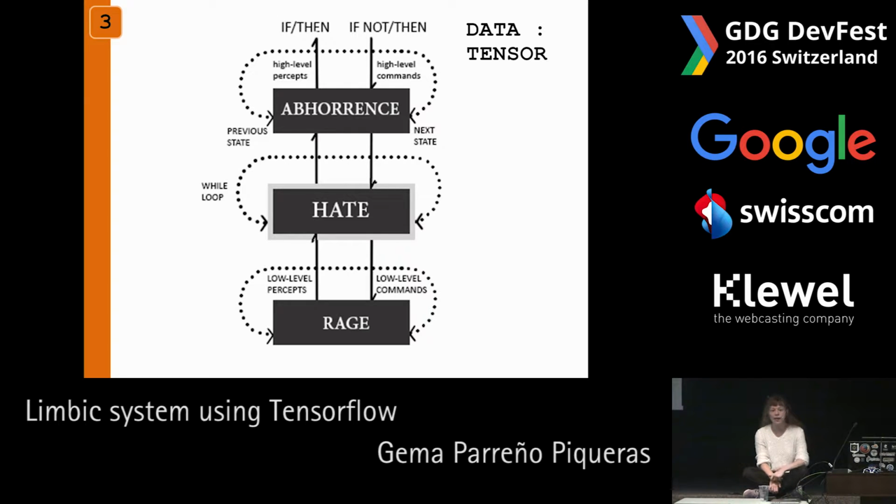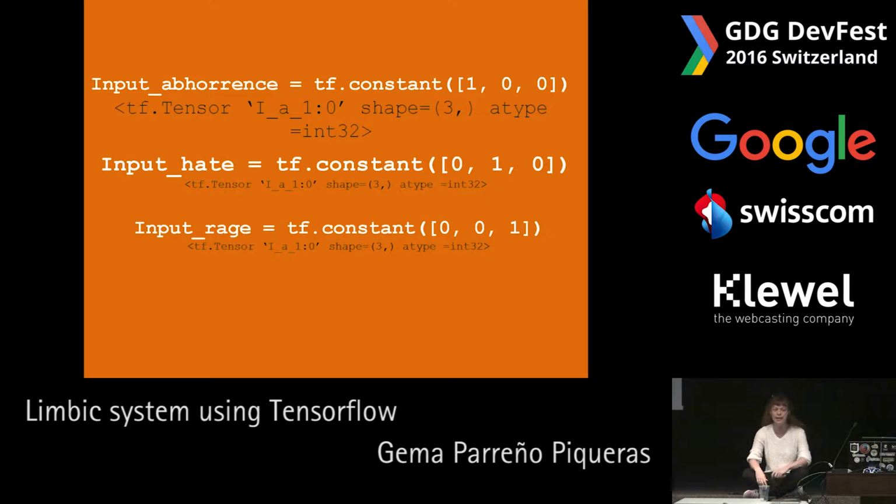So I created, with a weight vector of words, what I believe was this cluster of how this emotion was working from the low level, that was abhorrence, to the high level, rage. And then I created this tensor on TensorFlow. We had that maximum gradient of emotion.